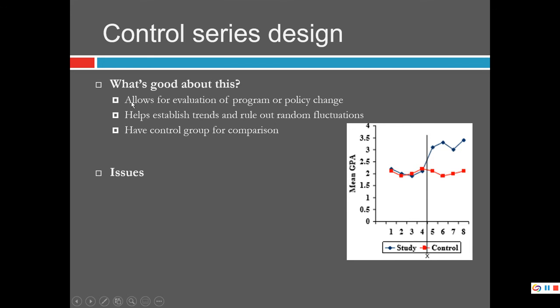So you have these same two benefits as the interrupted time series design with one group: you can evaluate how things are changing, and you can rule out random fluctuations that might happen from just two measurement periods here. But you can really tease apart how the control group stays stable and the treatment group has this big jump here. And then you can really see how these groups are different from this.